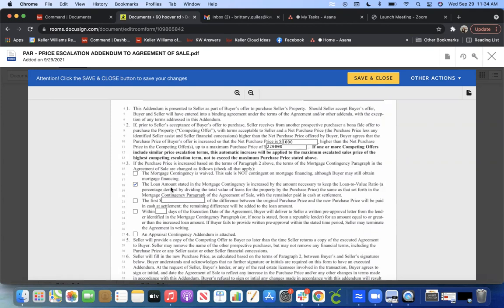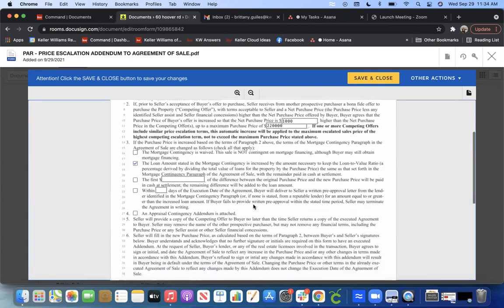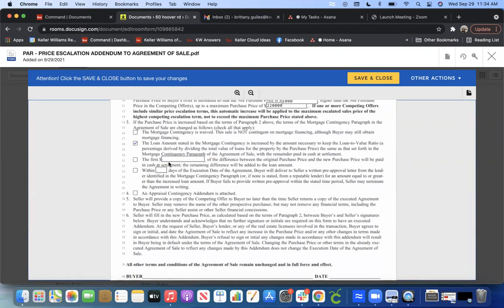You're going to click that box. Then you have the option of the first blank amount of difference between purchase price and the new purchase price will be paid in cash at settlement. So maybe their offer was for $200,000, but they have an extra $11,000 in cash that they're just going to pay at closing. So that way they don't have to mess with that mortgage contingency box.